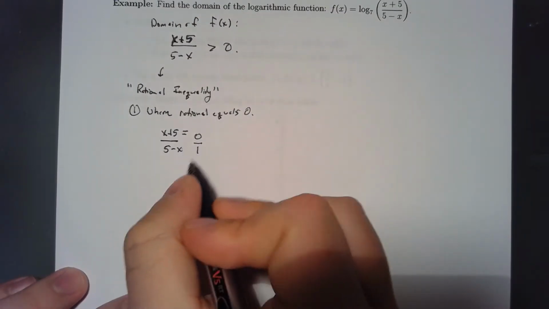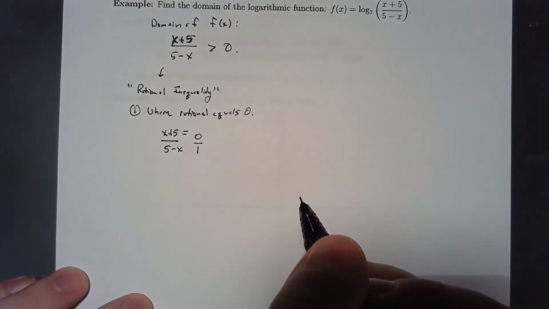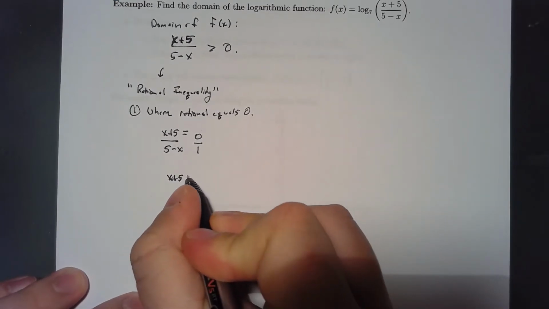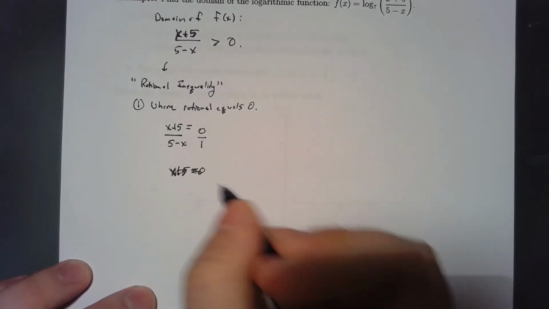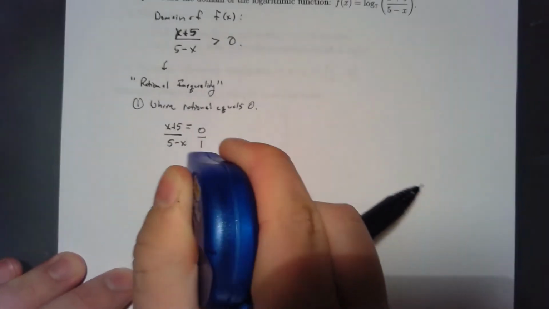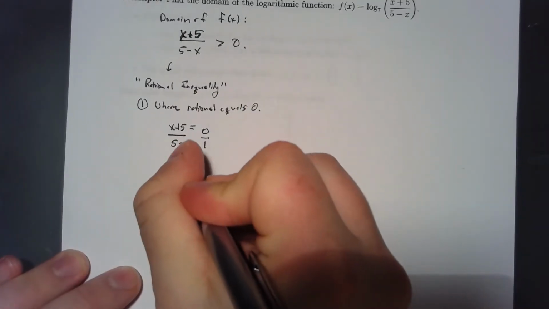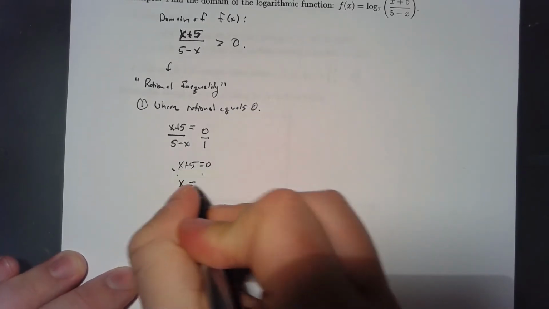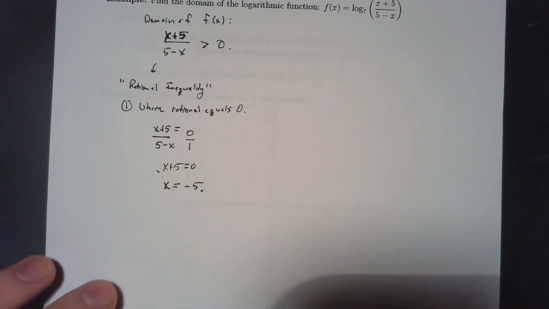If you cross multiply here, you're going to get x plus 5 equals 0. If you subtract 5 there, you're going to get x equals negative 5. So that right there is a breakpoint.